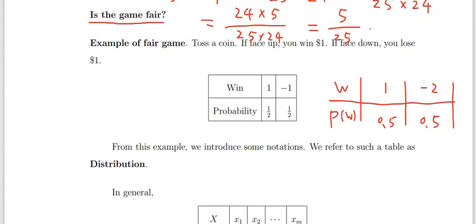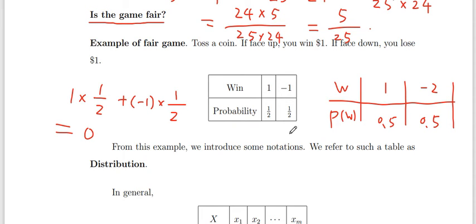So in general, fair or not fair balance means this number 1 multiplied by half, the probability for this thing to happen, plus this number, which is -1, meaning you lose $1, multiplied by the probability for this thing to happen. We find this is 0. So 0 is balanced.